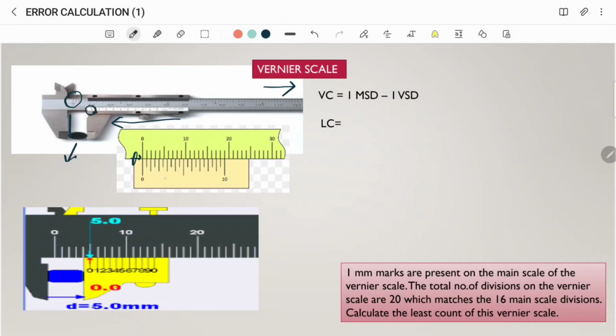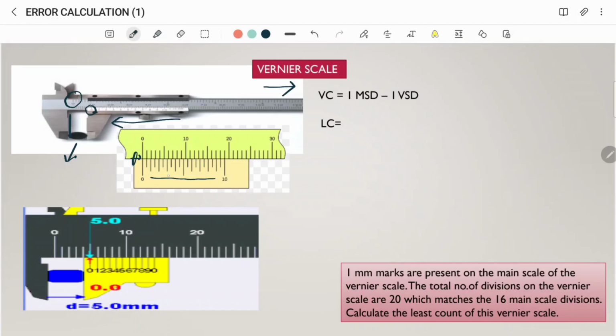For that, we need to know about two quantities. One is the vernier scale division, main scale division, and then we'll also have to know about the least count of a vernier scale. So if our 0 coincides over here, we will look for the next mark on the vernier scale that coincides with one of the marks in the main scale.